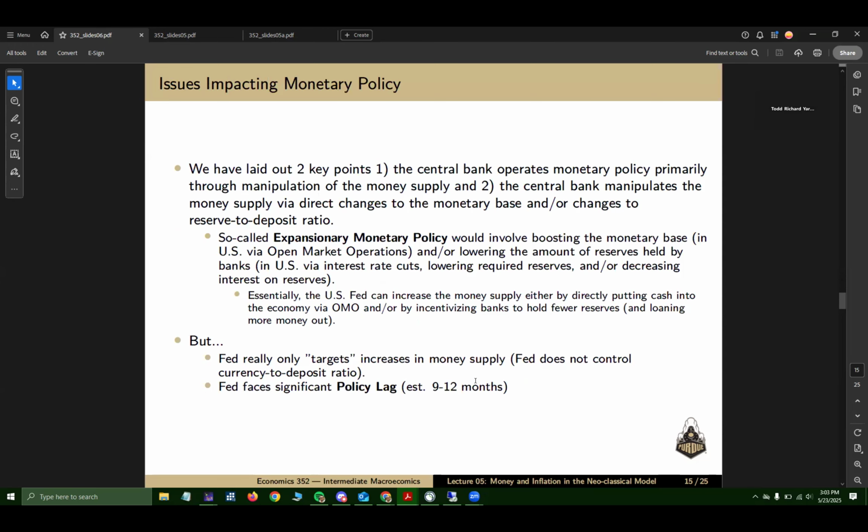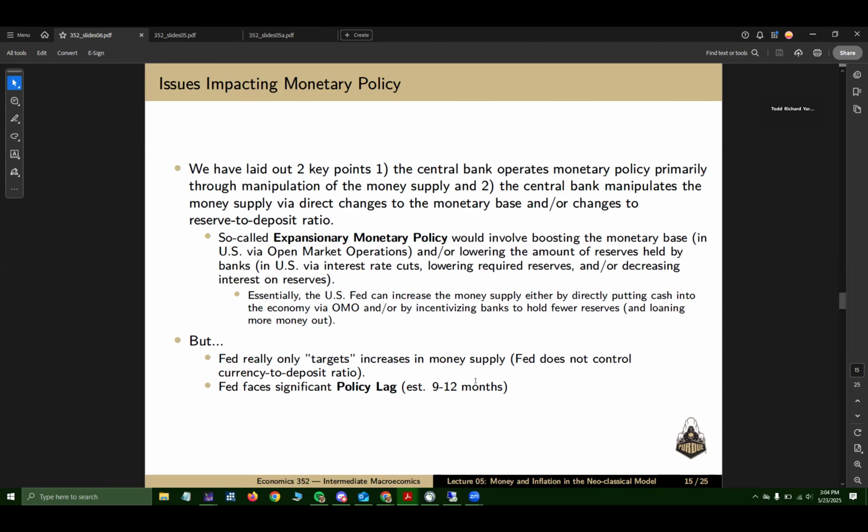Now, as I've mentioned to you, we want to embed this to some extent in the story of the U.S. Federal Reserve. And so typically when you hear about the Federal Reserve, we invoke this concept called the dual mandate. The dual mandate for the Federal Reserve in the United States is actually a congressionally statutory set of guidelines that basically argues that the Fed should worry about unemployment and inflation.